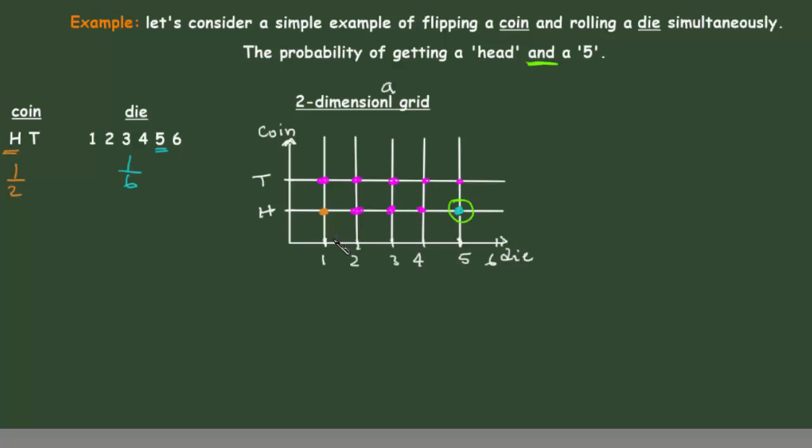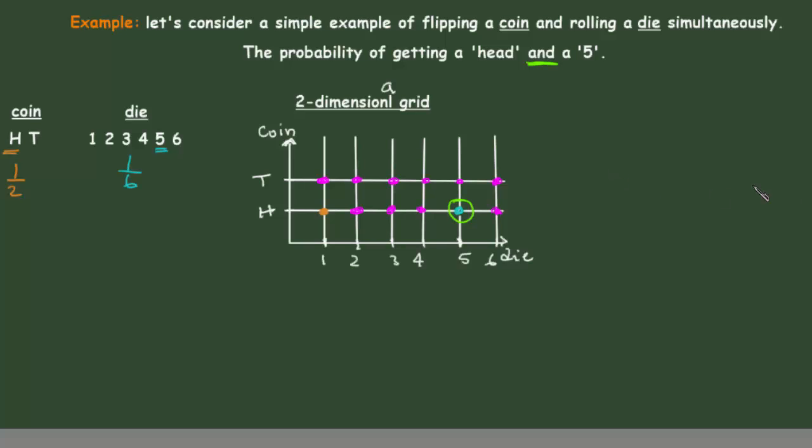So as you can count here, we have 1, 2, 3, 4, 5, and 6, sorry, 6 times 2 will be 12 possibilities. This is going to be 12 possible outcomes, but only one with the property that we want. This is the only one which has the property we want.